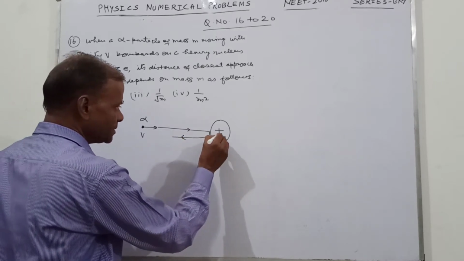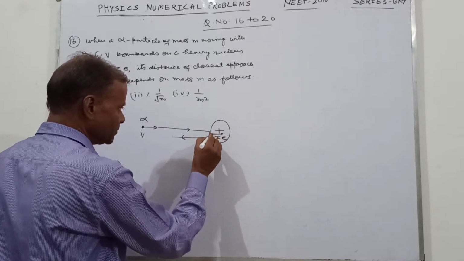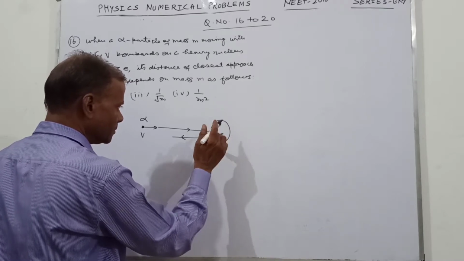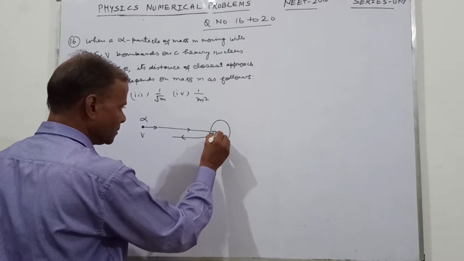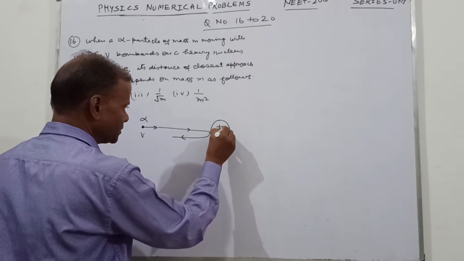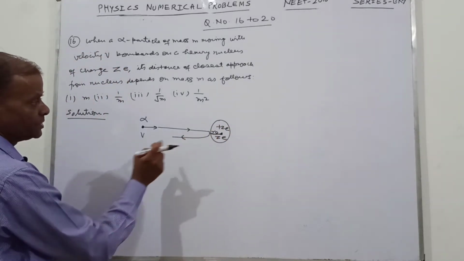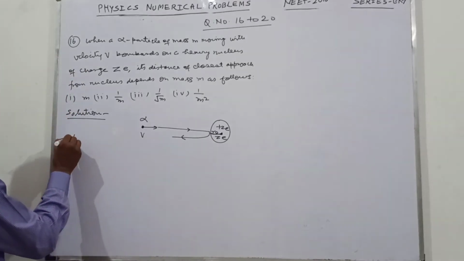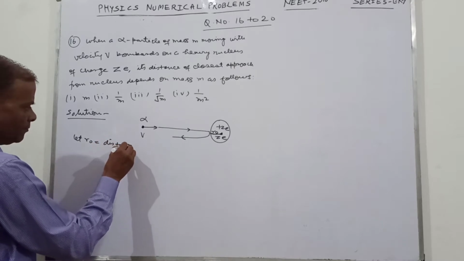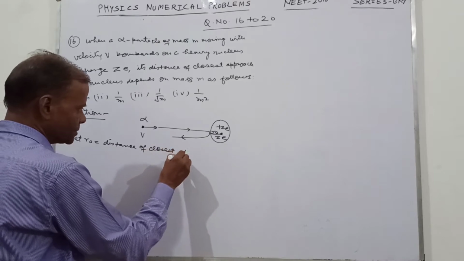From this center, this distance is suppose r0. This is the center and this is the charge plus Ze. So this distance of closest approach is r0.